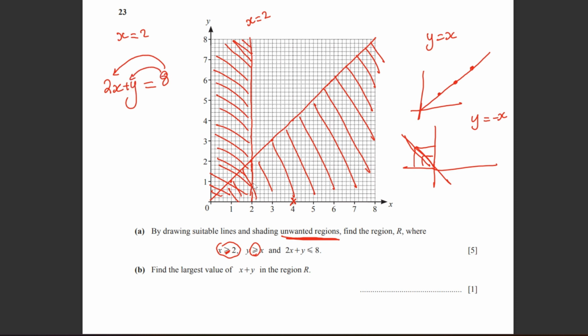Then draw a line between them, and this line also is a solid line. It should be more accurate using a ruler. Then he's telling me also unwanted region. So this is smaller than, so I am going to shade the unwanted region, which is greater than.